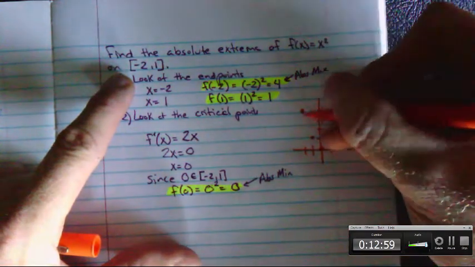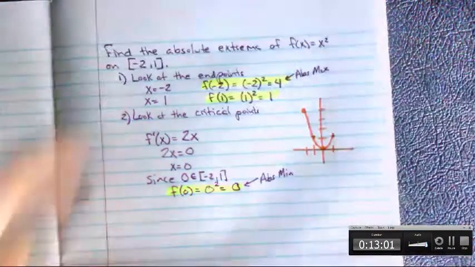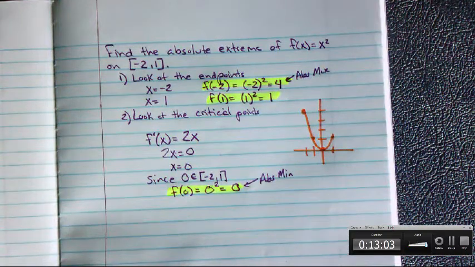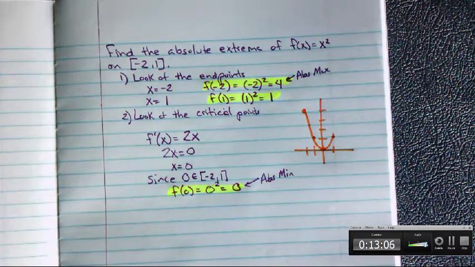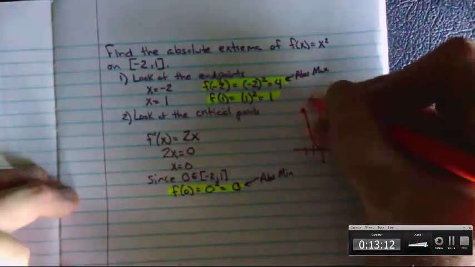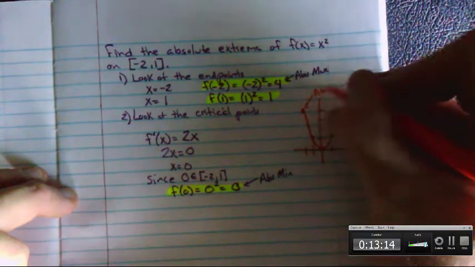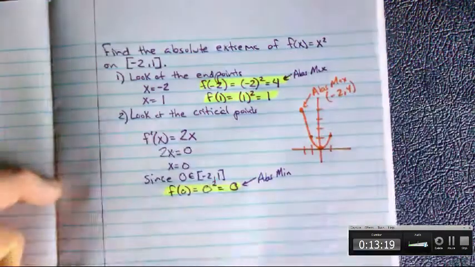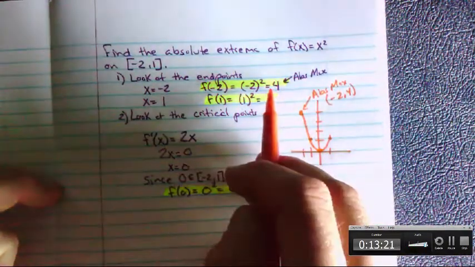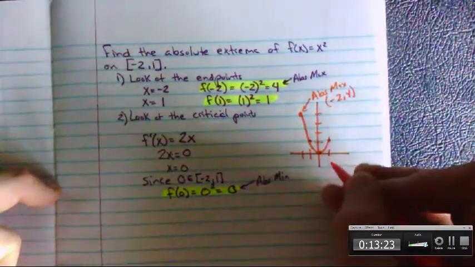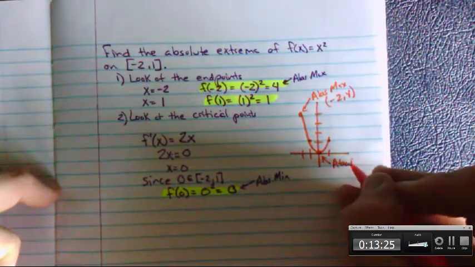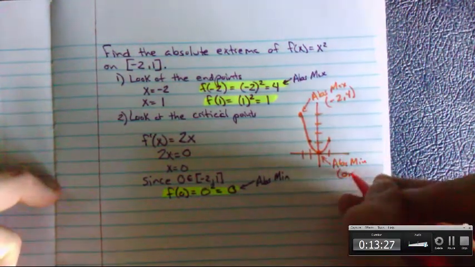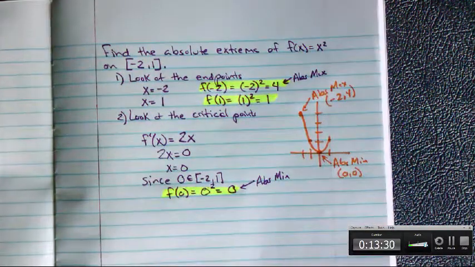So if we were to graph x squared on just this interval from -2 to 1, it becomes very easy to look at the picture and say, hey, there's an absolute max, and it occurs at the point (-2, 4). Is that what we got algebraically? Yes. And there's an absolute min at (0, 0), which we got algebraically.